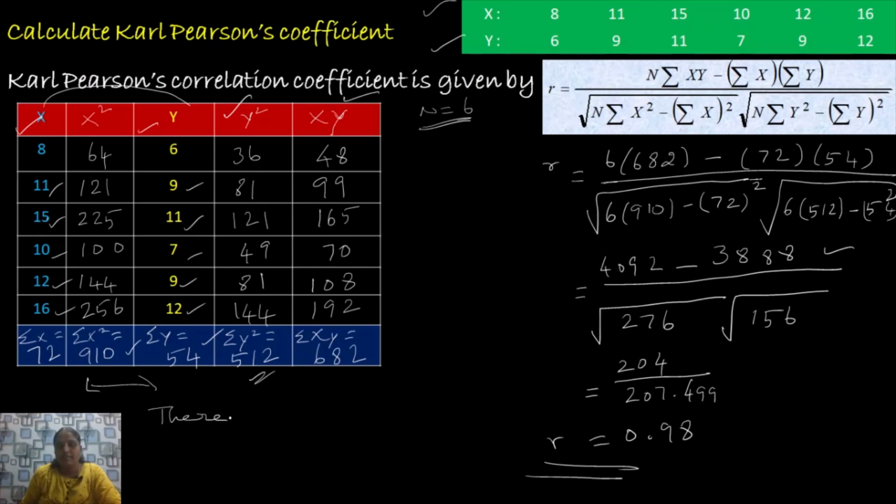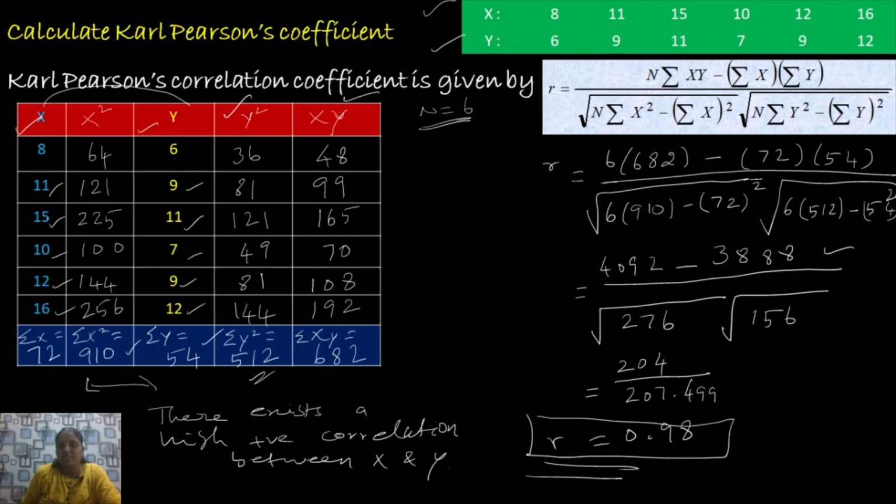There exists a high positive correlation between x and y. Because r takes the value 0.98, close to 1, there exists a high degree of positive correlation between the two variables.